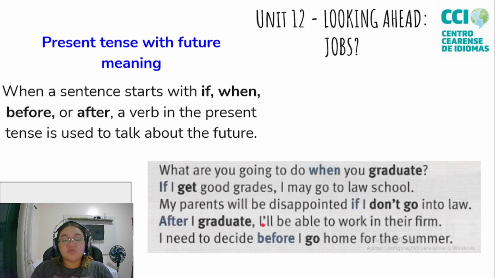After I graduate, and not after I will graduate. No, it's not that. And finally we have, I need to decide before I go home for the summer. So because we have the word before, we use the verb go in the present. We don't say, I need to decide before I will go home for the summer. We don't use that.